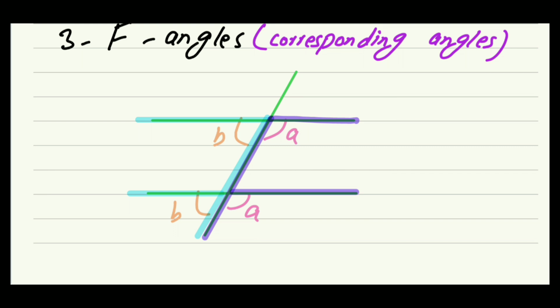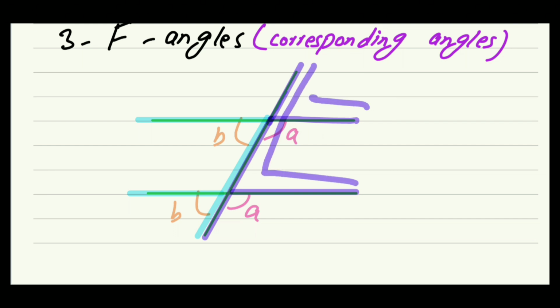One more shape you can see here. Let me choose a marker. Look at this F. You can extend it, and you can also see this F, this one and this one.